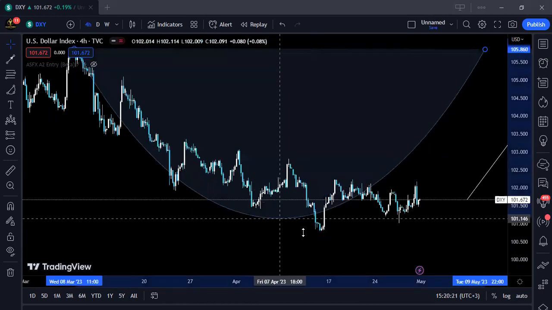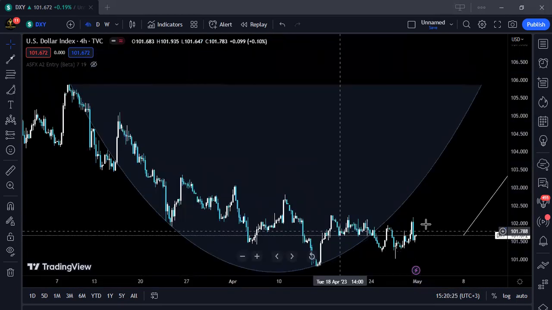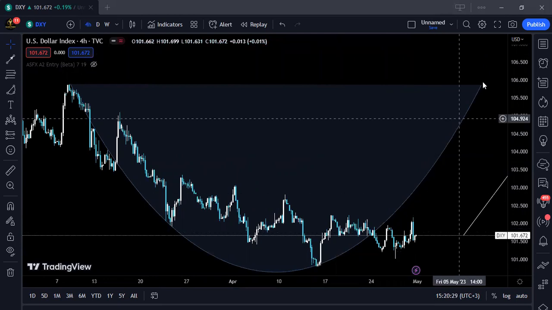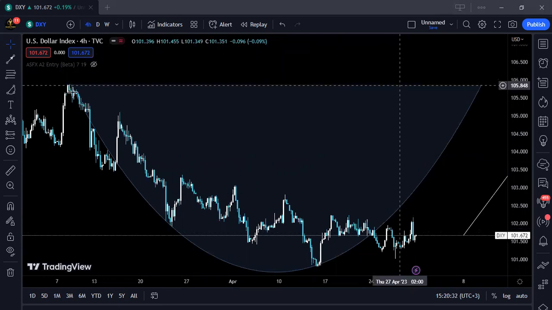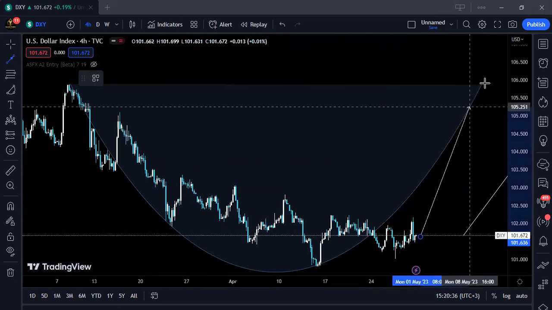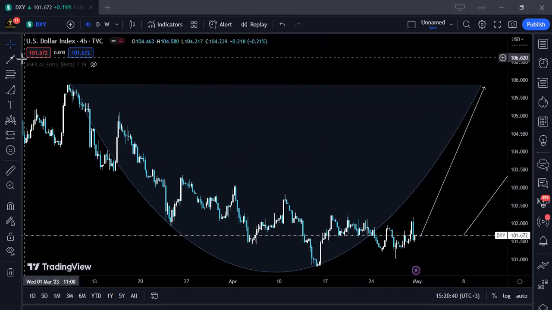Obviously, this is the low. So I'll be anticipating to see prices start to take off and create higher highs in order to fill this bowl pattern here, right? So obviously, my next trades will be looking for prices to push higher until they reach the highs.